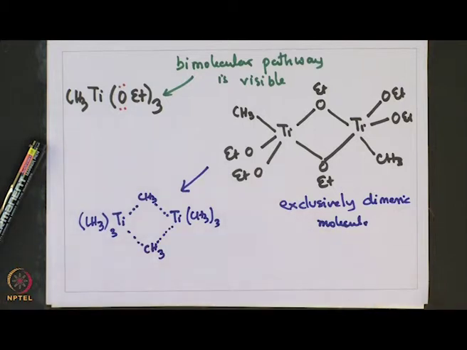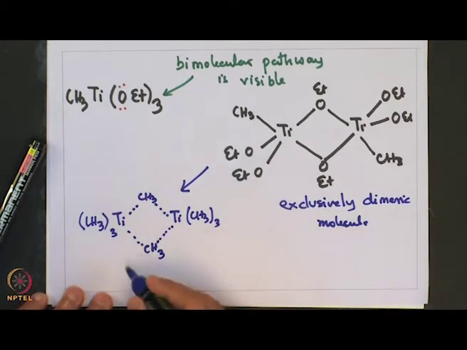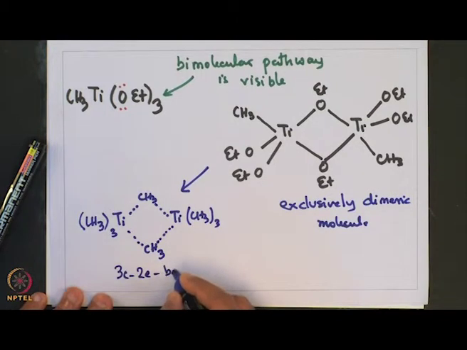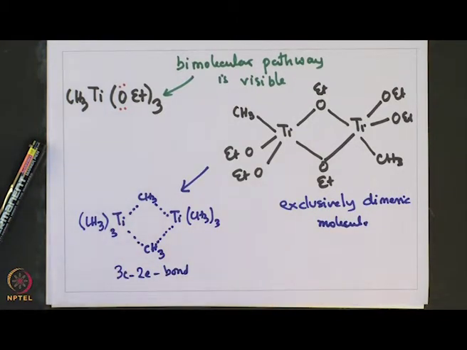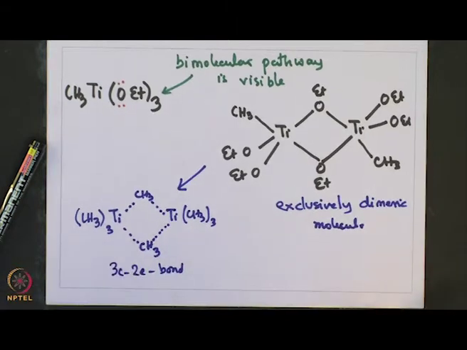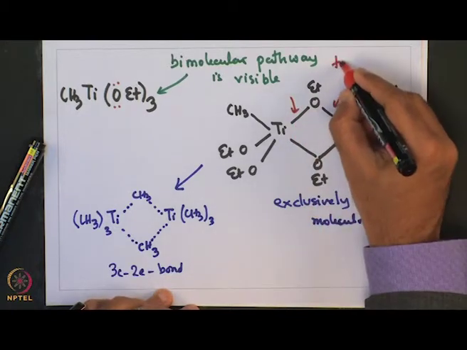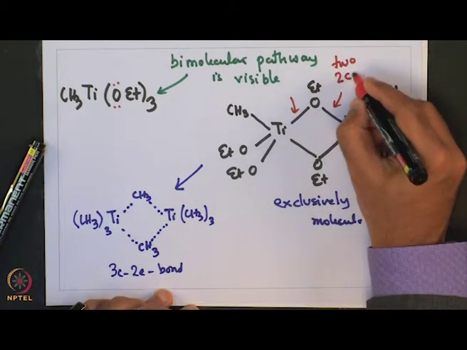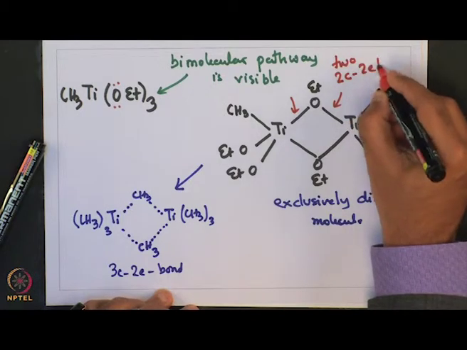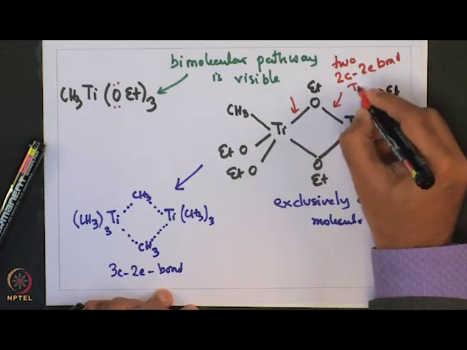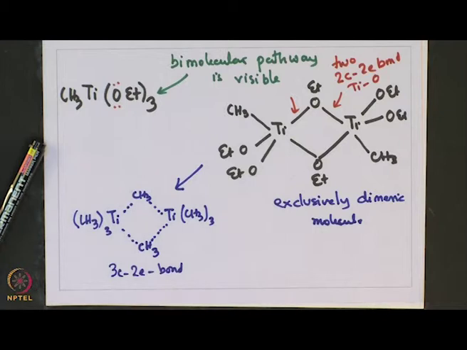The difference being, this is a 3C 2E bond, whereas in this case there are two classical 2C 2E bonds between titanium and oxygen.